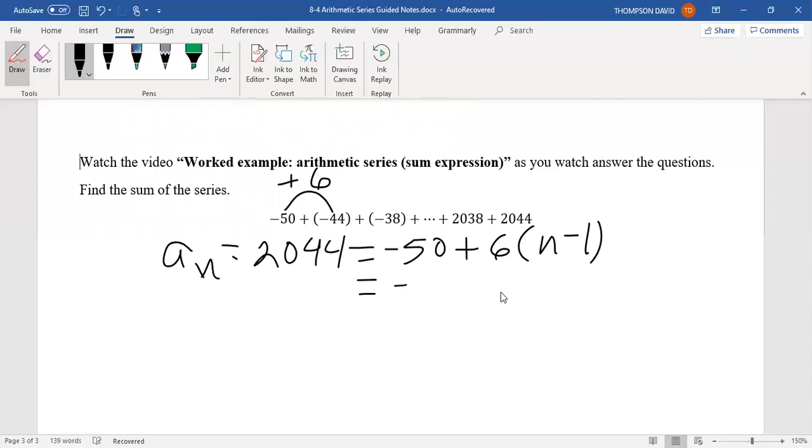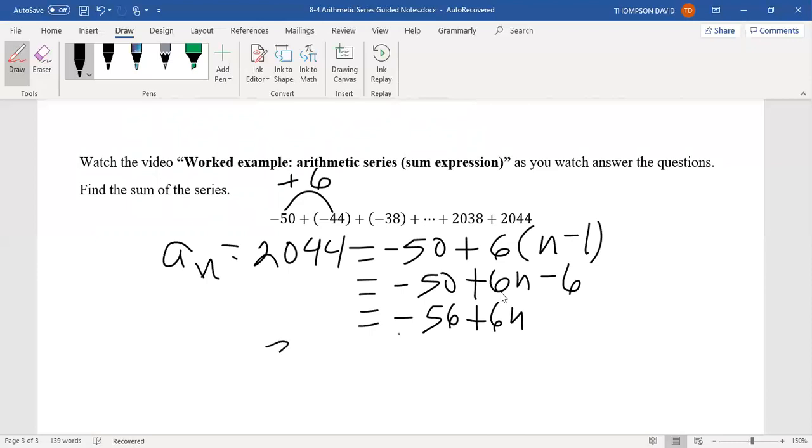So we're going to do negative 50 plus 6n minus 6. That would be negative 56 plus 6n. So we're going to add 56 to the 2044.